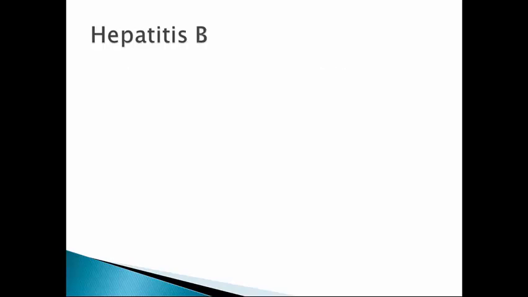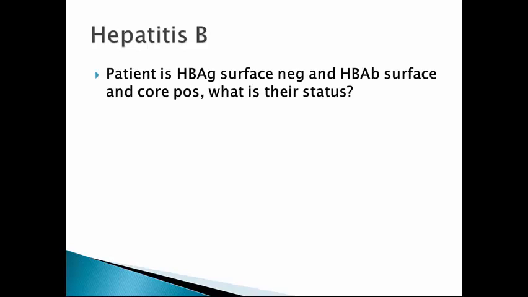Okay, now let's do hepatitis B. Remember, we're going to use our surface antigens and our surface antibodies. So you have a patient who has a negative hepatitis B surface antigen, but their core and surface antibody are positive.